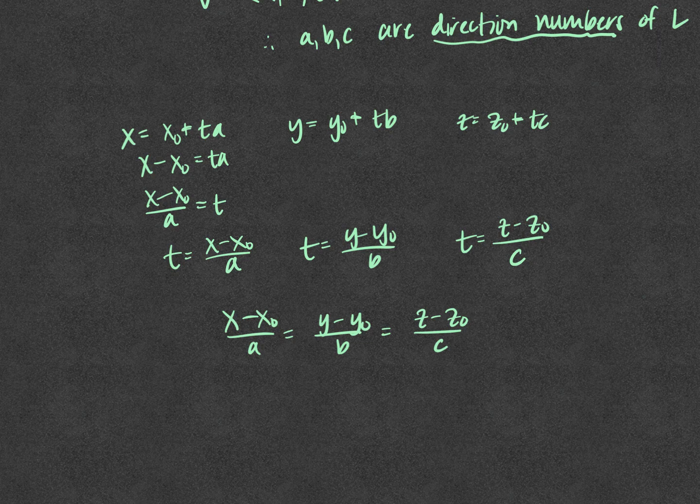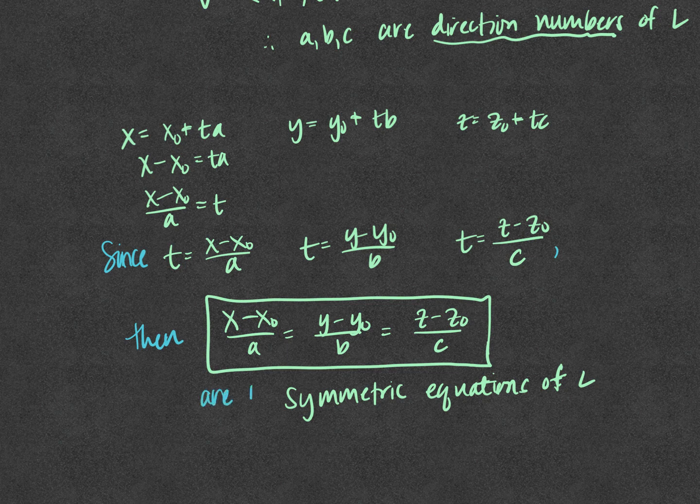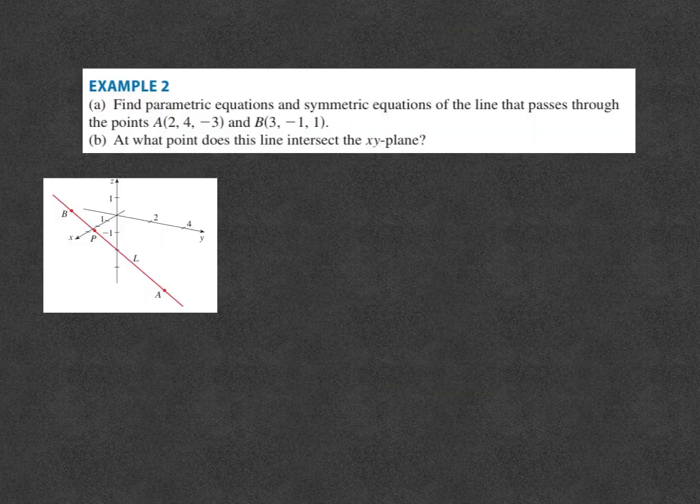So these equations are called symmetric equations of L. In my notes, I would like it to say that since you have these equations, these are the symmetric equations of L.